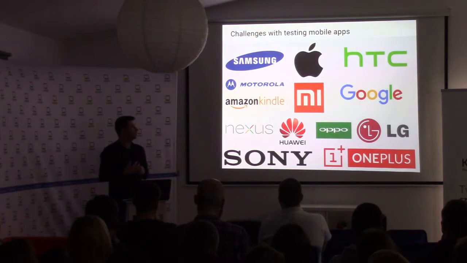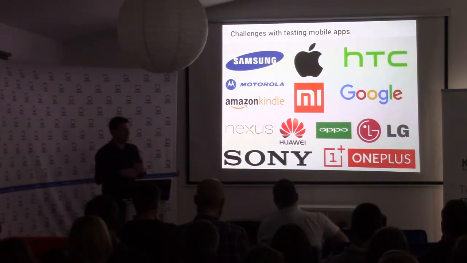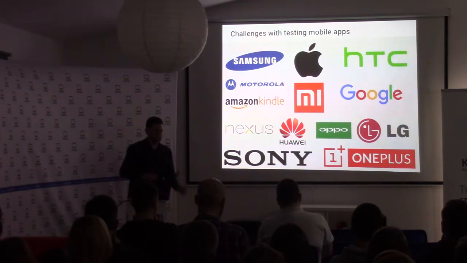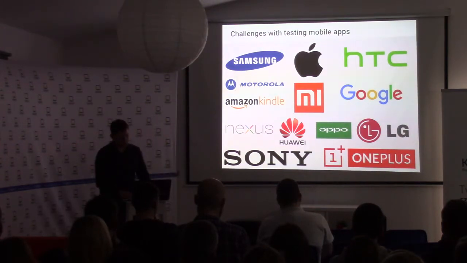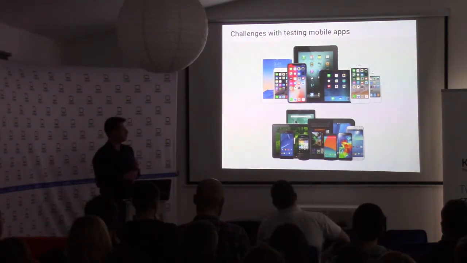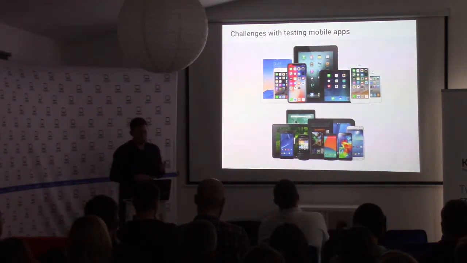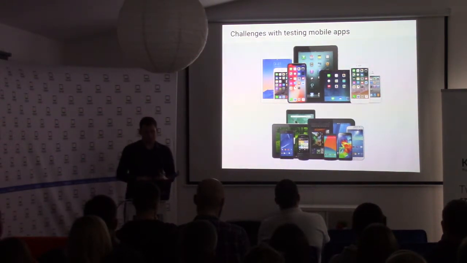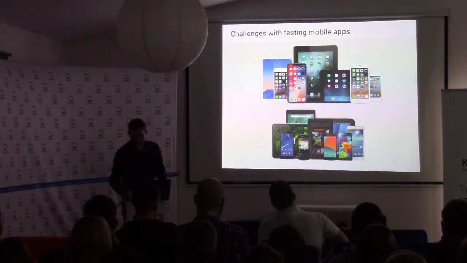They are making huge results mostly in the Asian markets, but then they are getting more and more popular in Europe. So as software testers, we need to remember to test all those ones as well. With a big number of manufacturers comes a big number of different models of those devices, which makes a big combination of those.